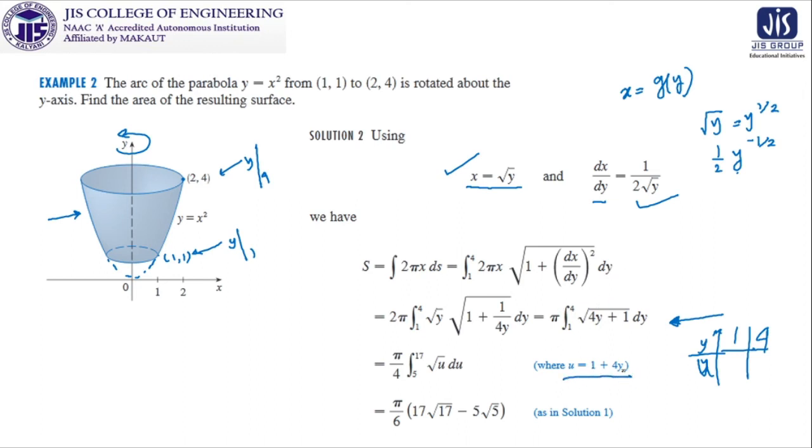So if you put y equal to 1, your lower limit for u will be 5, and if you put y as 4, then the upper limit of u will be 16 plus 1, that is 17. After that the integration is done and substitution is made for the lower limit and upper limit, and the final result as required here is generated by this.